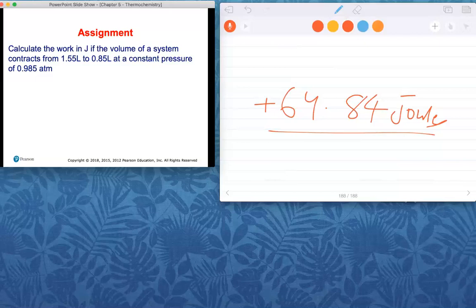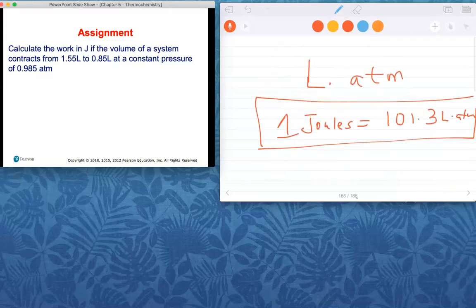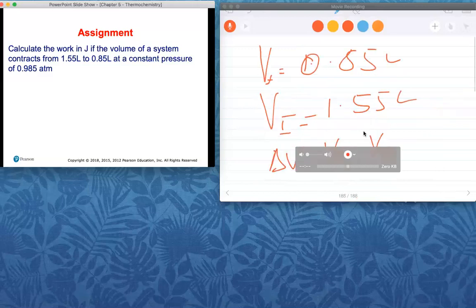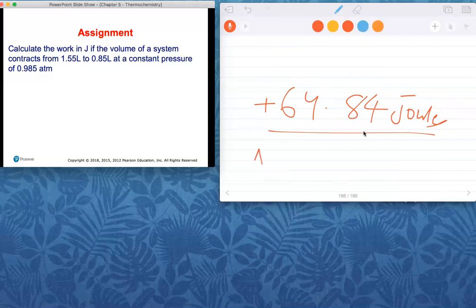What is the conversion factor? Yes, I had given you that. It's right here: 1 liter times ATM equals 101.3 joules.